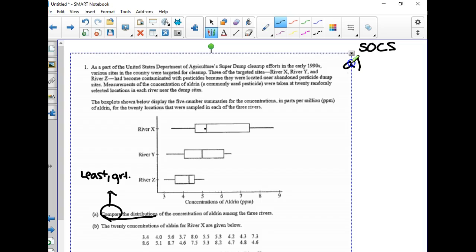How about this one though? I would say this one is pretty what? Which way is this going to go? If you fold it in half, which side's going to overlap? Yeah, the left side. I'd say this is pretty skewed left. Or not pretty, but for the most part, it's skewed left. So river X and Z are slightly skewed.